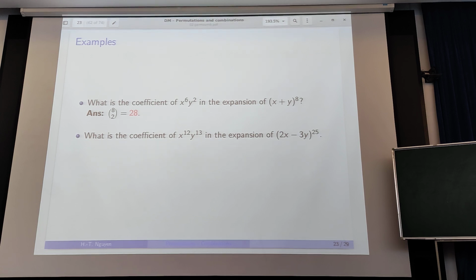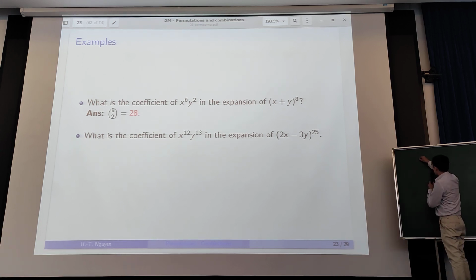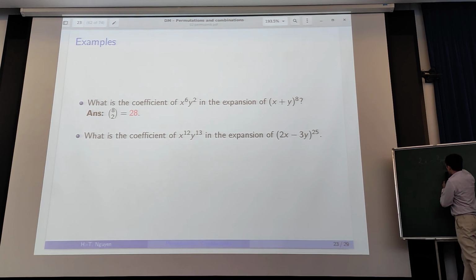You got the result? And so here, if you are not familiar with this, you can write 2x minus 3y to the 25 as, first you write it as big X plus big Y to the 25, with big X equal to 2x and big Y equal to minus 3 small y.